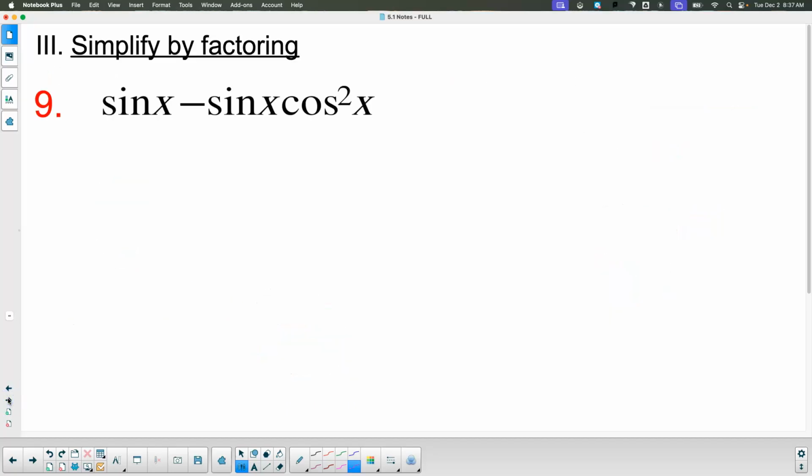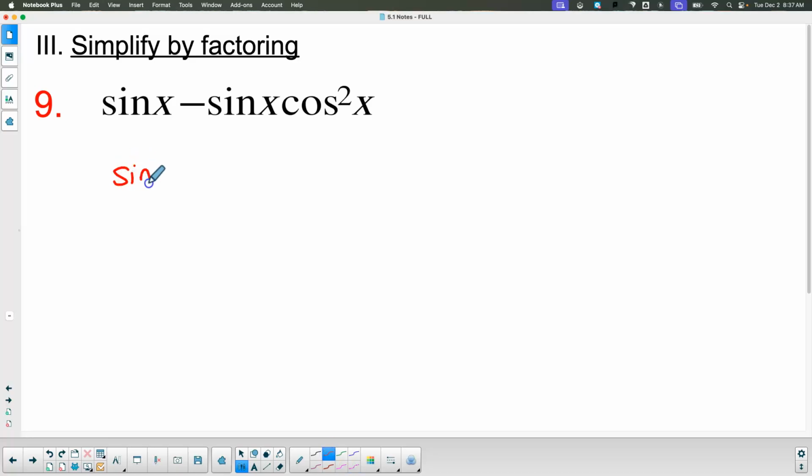Sometimes we might have to simplify with factoring first. What can I factor out of this one? A sine of x, exactly. I can factor out a sine of x.